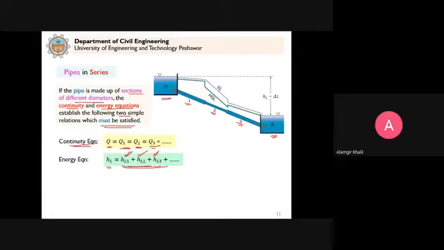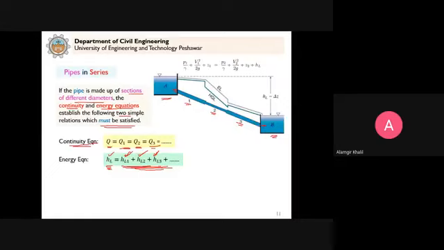When we add them, we get the total head loss, HL. And if we have a large number of pipes connected in series, it will continue. So to satisfy the energy equation, the total head loss will be equal to the sum of the head losses through all the pipes connected in series.